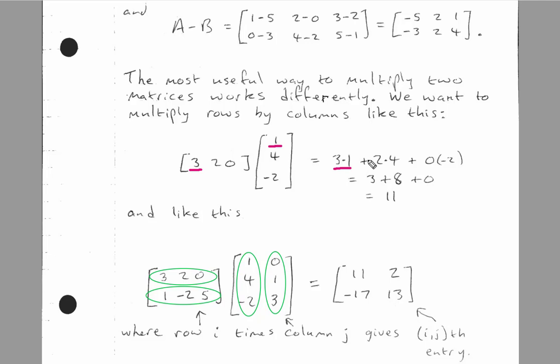And we want to add 2 times 4 plus 0 times -2, that's 0. Alright, so we get a number out of this, 11.